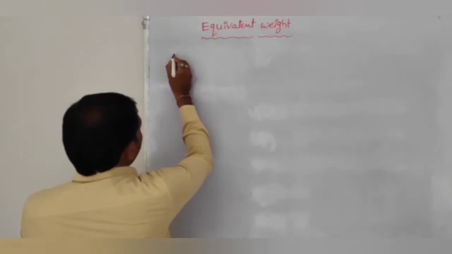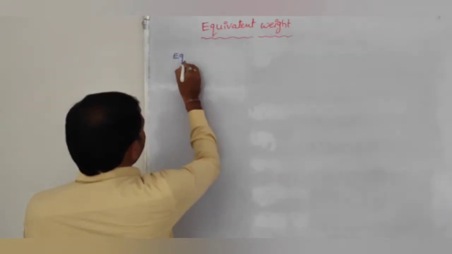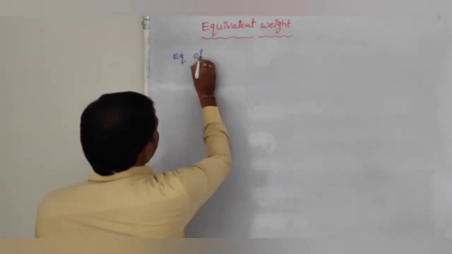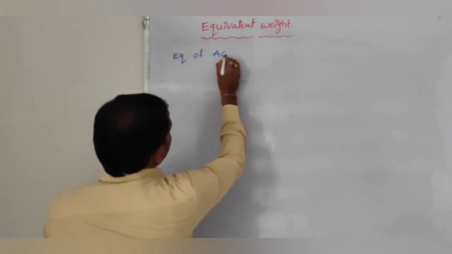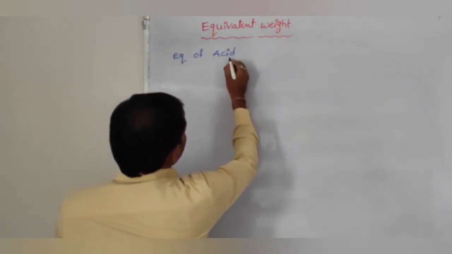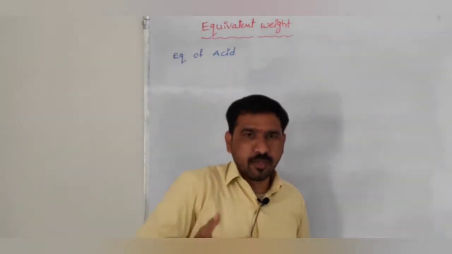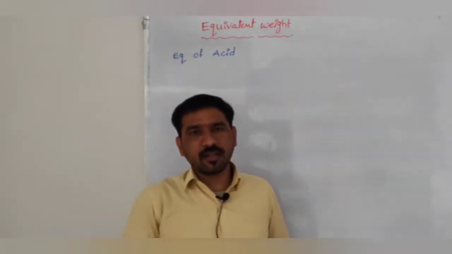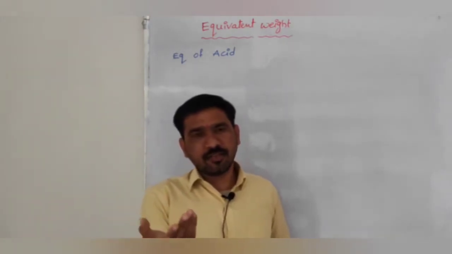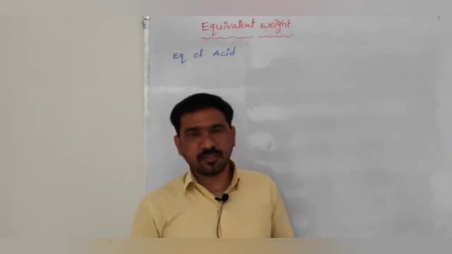Like that, we can take the n factor. Equivalent weight of acid. Direct molecule equivalent weight is not possible; based on behavior we can get the n factor, and based on n factor we can calculate the equivalent weight of a substance, right?